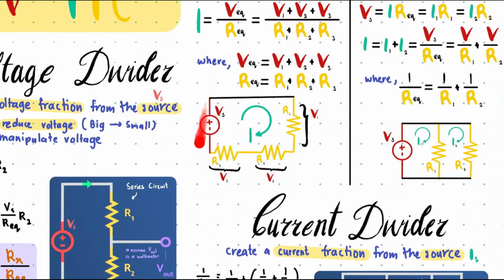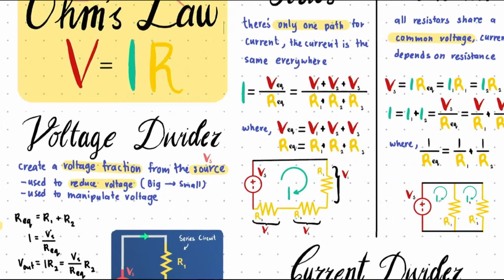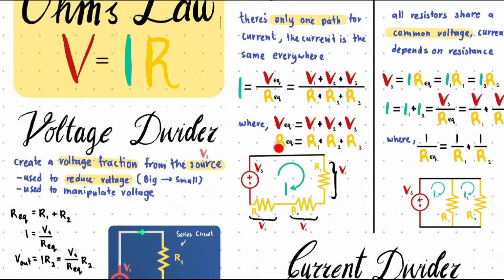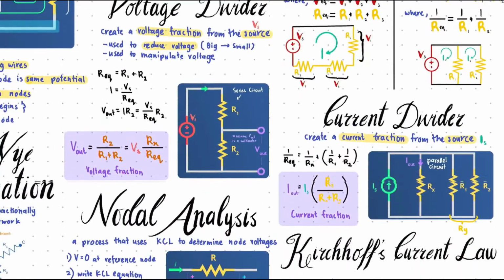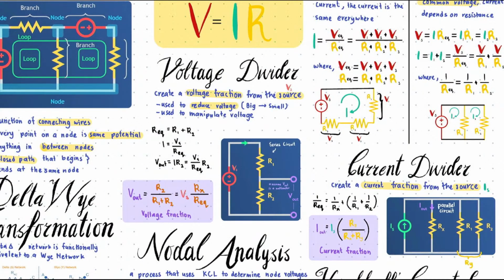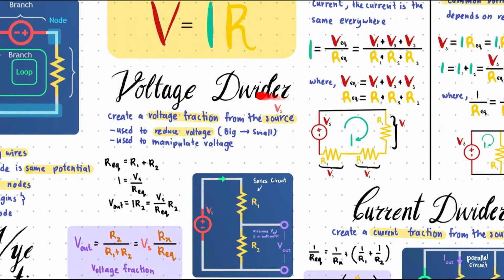Okay, so this is how a series circuit looks and a parallel circuit looks like. Okay, so this is the equation that you will get. This is the V equivalent, R equivalent, and the R equivalent for the parallel. So there are two types of analysis. Not two types. This is one of the first analysis.